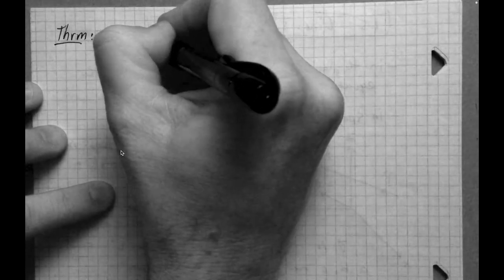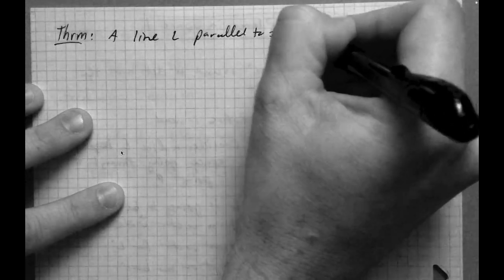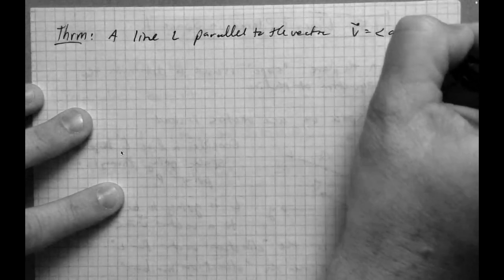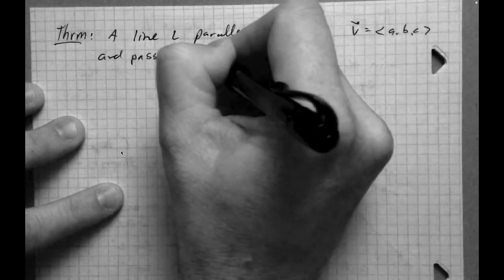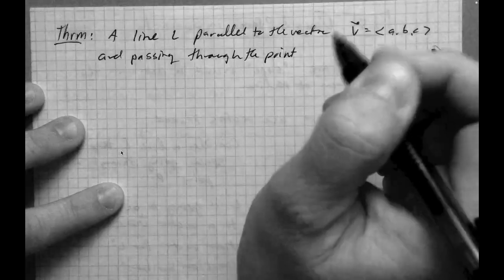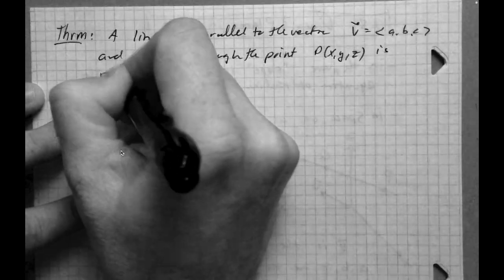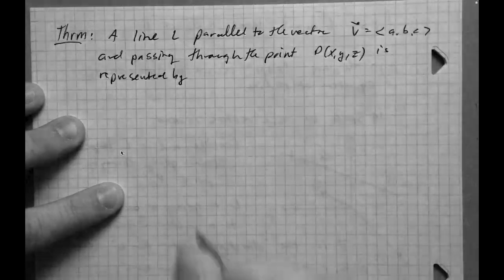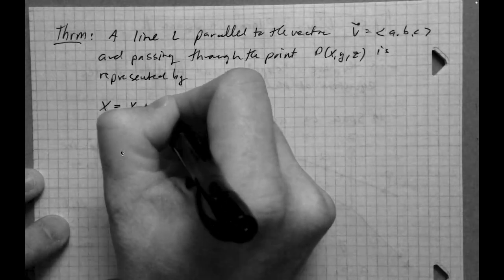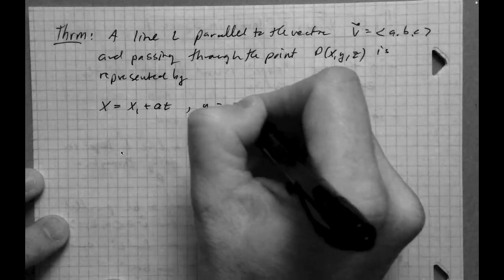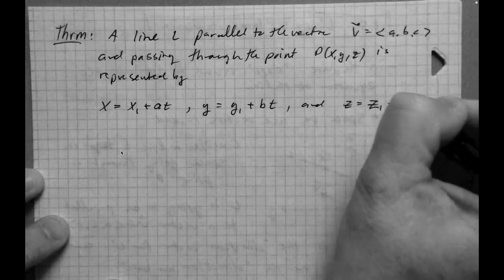A line L parallel to the vector v equals ABC, and passing through the point P(x1, y1, z1), is represented by the parametric equations: x equals x1 plus at, y equals y1 plus bt, and z equals z1 plus ct.